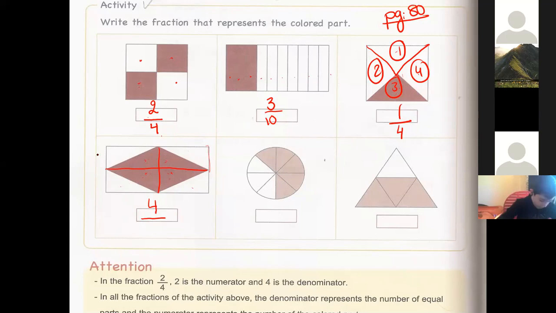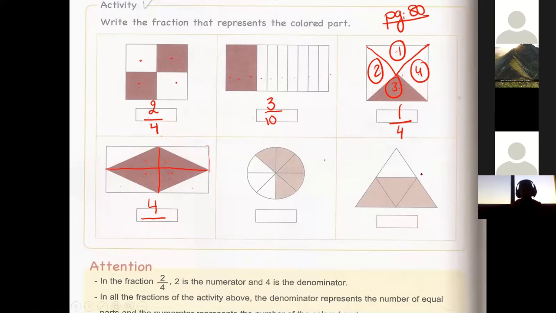Out of 8. Muhammad, it's the second time you answered without permission. Mahdi, 4 out of how much, the total number? 8. I can't hear you, Mahdi. 8. Yes.